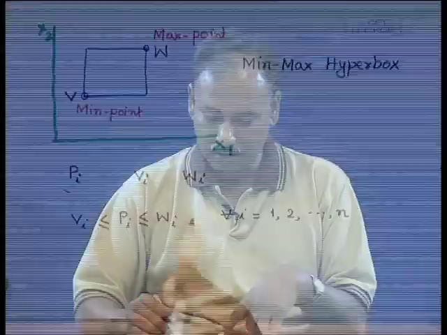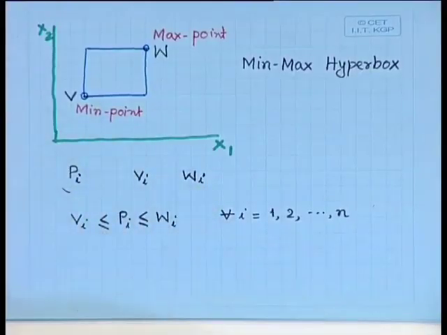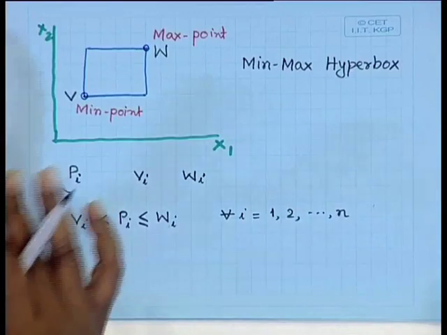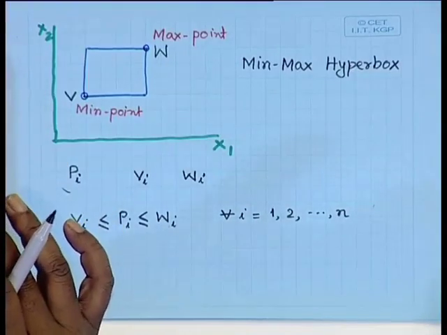Okay. So, given a set of points, for every component, the minimum values will give me the min point and the maximum values will give me the max point. And you find that this follows from this particular condition, that if P lies within the min max hyperbox, then every component of P has to be within the minimum and maximum values of the corresponding components of the hyperbox.